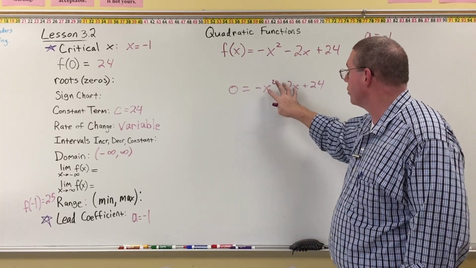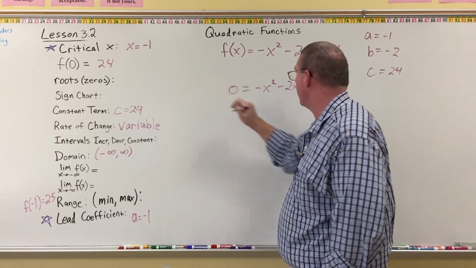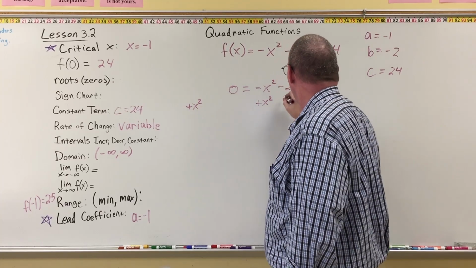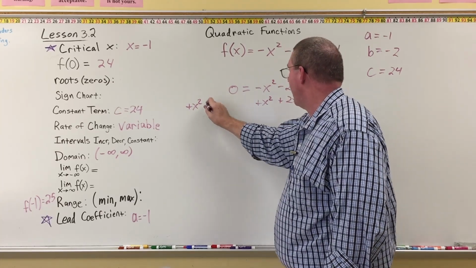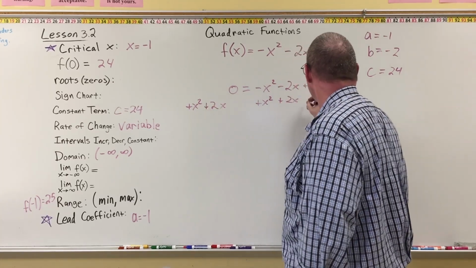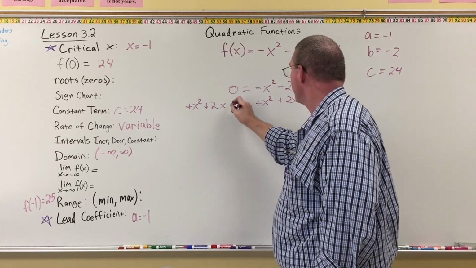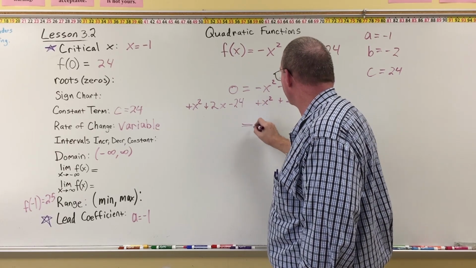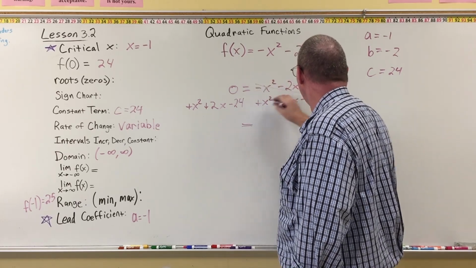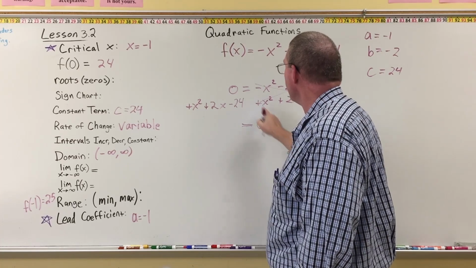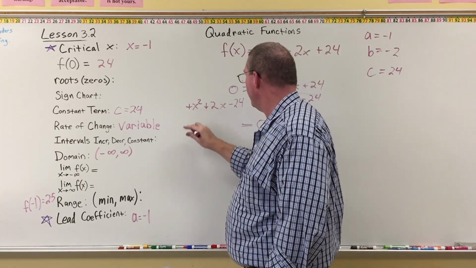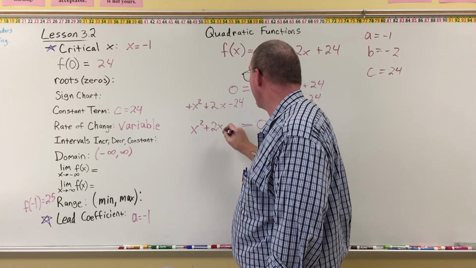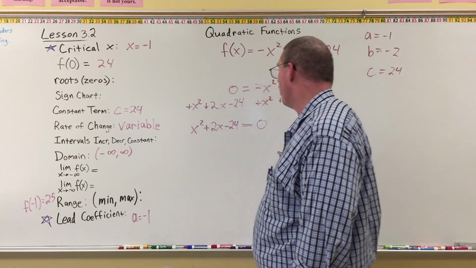So what I'm going to do is move all of this over here. I'm going to add x squared, I'm going to add 2x, and I'm going to subtract 24, okay? So that's going to eliminate this whole side, and I'm going to have 0 on the right side instead of the left. But over here now I have positive x squared plus 2x minus 24.